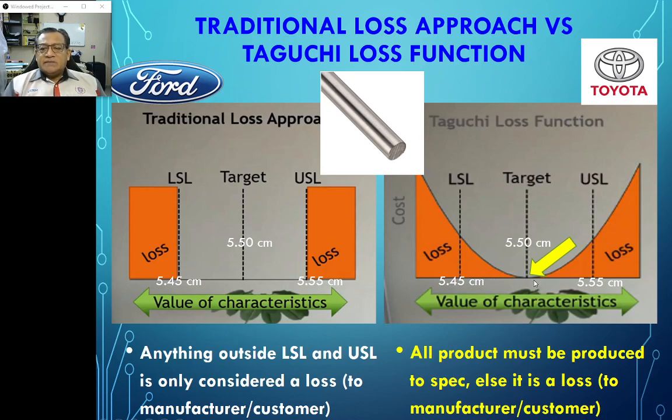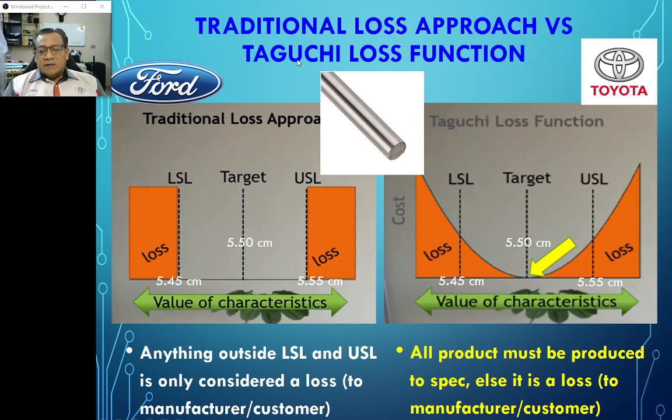Dr. Taguchi also believed that if this iron rod is produced slightly bigger, for example 5.53 here, that iron rod can still generate loss to the customer, because when it is assembled into the housing of the printer or the equipment, it will create tightness, and if it is a moving part, that tightness will create friction, and that friction will create unnecessarily high temperature, and in the long run it will affect the whole performance of the equipment.